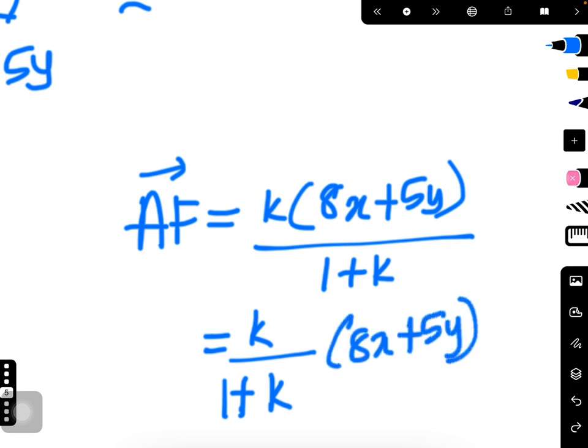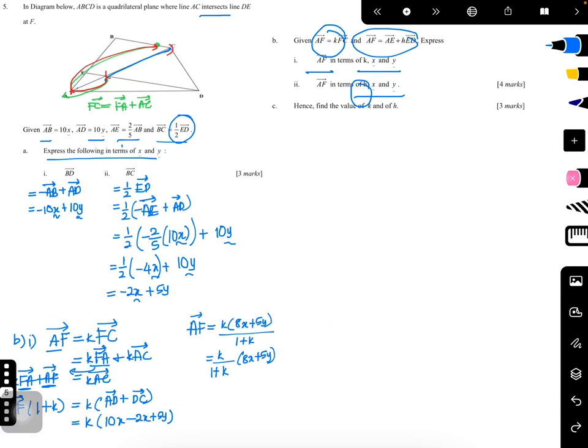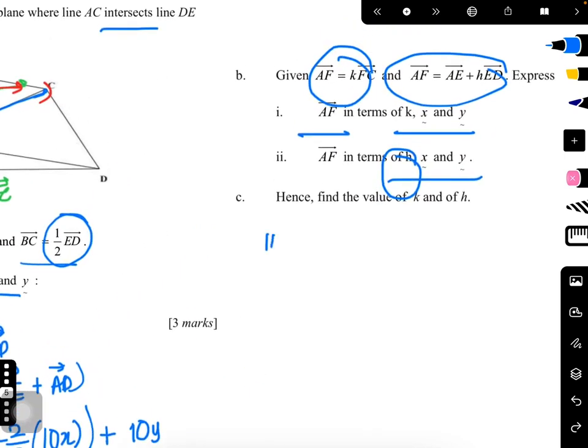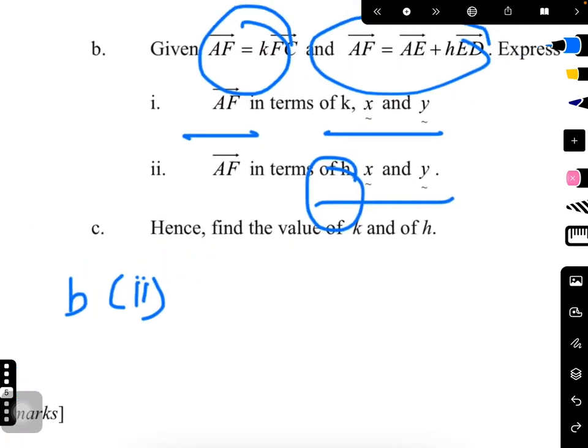So it's more beautiful. Okay, for B2, AF again, but in terms of H, equal to AE plus HED.